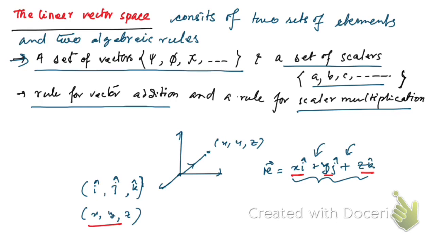But when we say vector space, it is a set of vectors. It is not only in 3 dimensions, it may be more than 3 dimensions, in n dimensions, that means 100 dimensions, 10 dimensions. If we imagine that way, it consists of a large number of vectors and scalars.